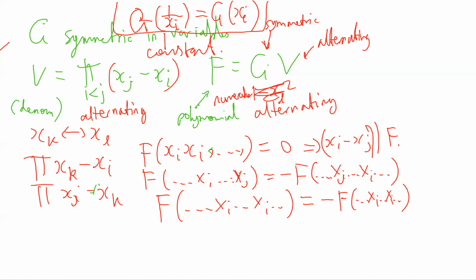A different and slightly less convenient way to identify the constant is to substitute xi equals 1 plus epsilon times something. That's strange.